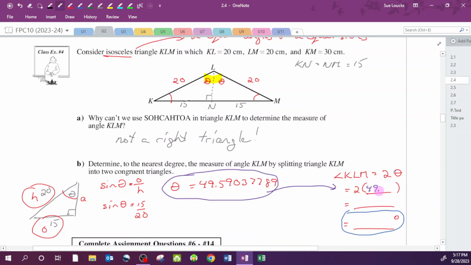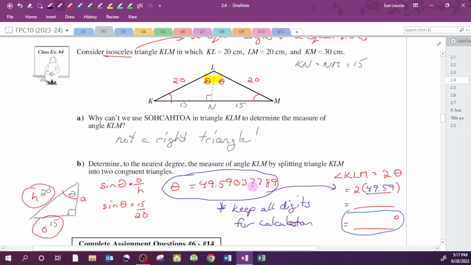I'm just going to write 49.59, but I am going to keep all digits for the calculation. It's just sitting in my calculator, I never hit my calculator clear button. I don't hit the clear button until I need it again.